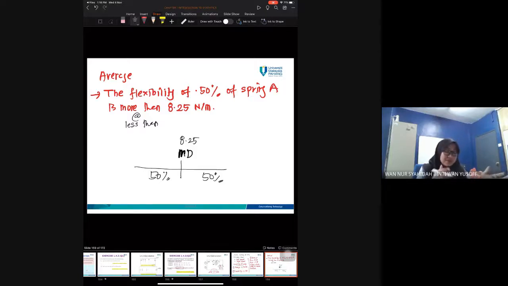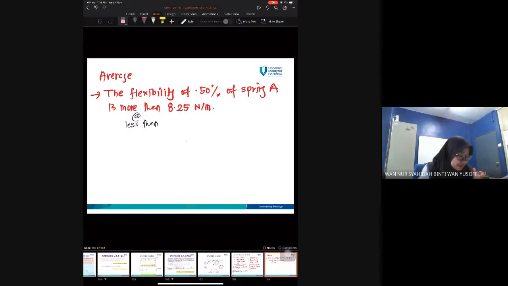When the median is the middle of your data set, 50% is above 8.25 and the other 50% is below 8.25, so it's up to you. You can write more than or less than. Both will be accepted because both are correct.